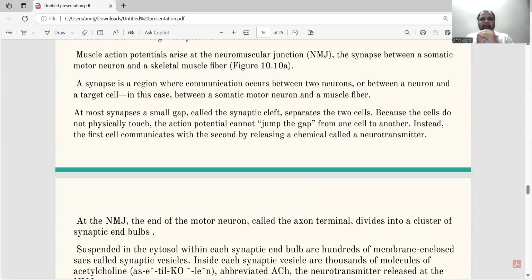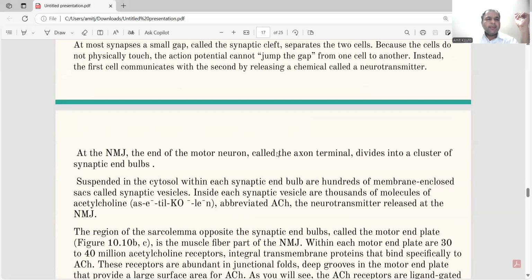They are not physically attached. Because the cells do not physically interact, the action potential cannot jump the gap from one cell to the other. Instead, the first cell communicates with the second cell by releasing a chemical called a neurotransmitter.